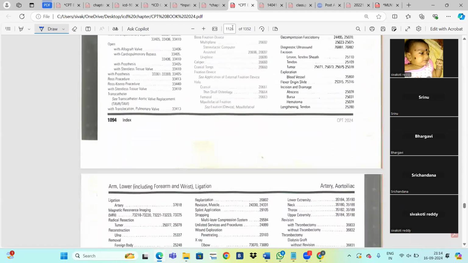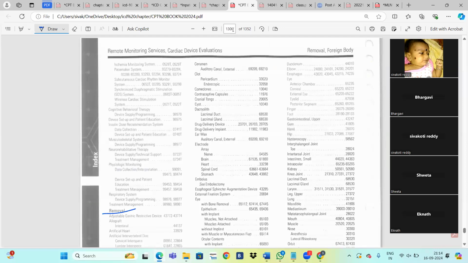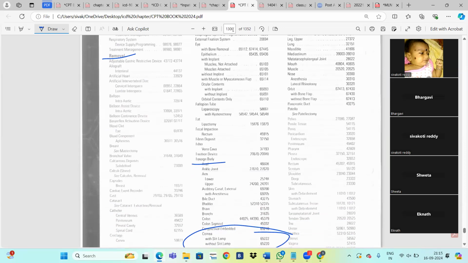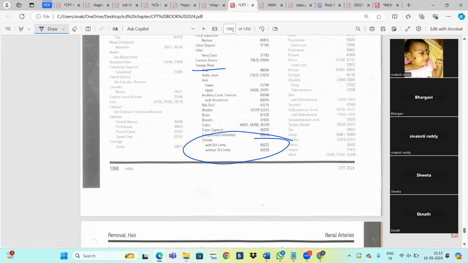Suppose they've removed foreign body in the eye. So what is the main term here? Removal. No, I'm showing one example. Removal. So foreign body, cornea. They done slit lamp.